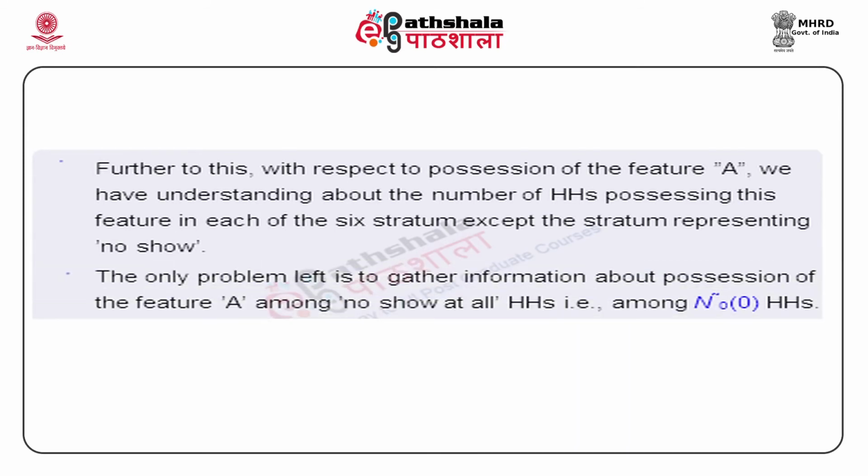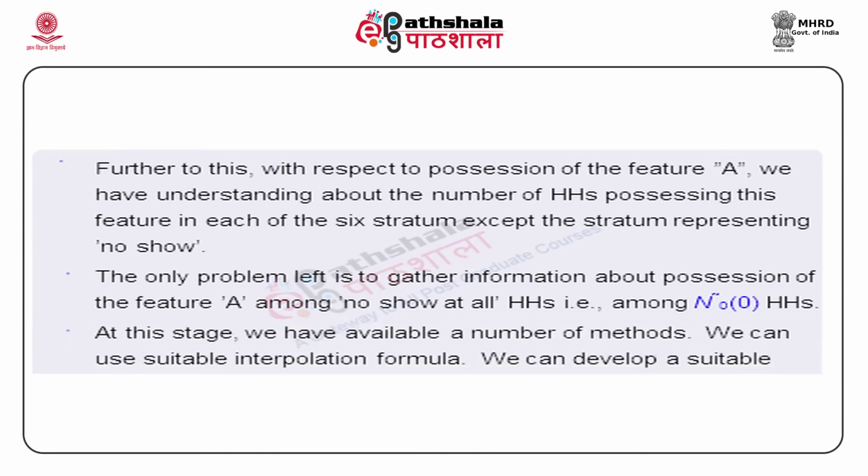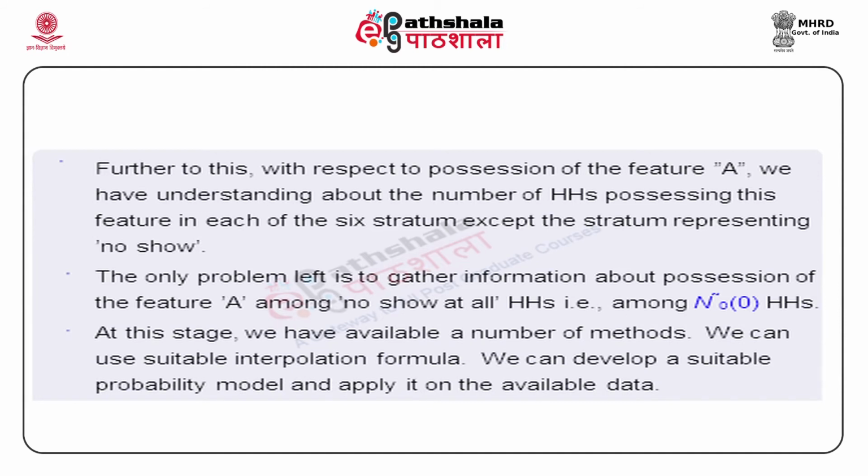The only problem left was to gather information about the possession of the feature A among no show households. At this stage, we have a number of methods we can use. We have done everything except for ñ00, where we do not know how many of them belong to the category A. But we have information on other categories at this moment. We can develop a suitable probability model and apply it on the available data.